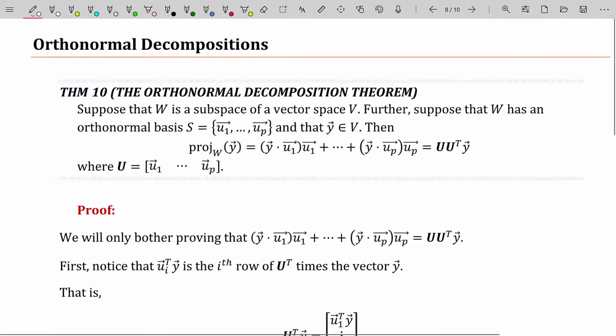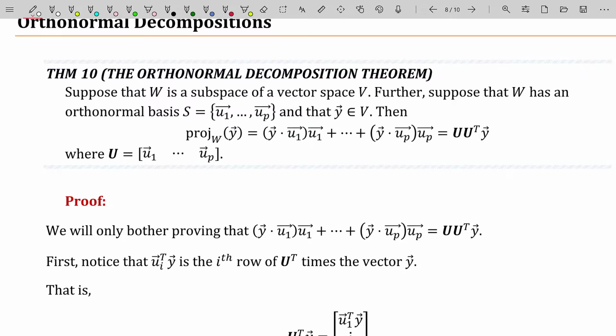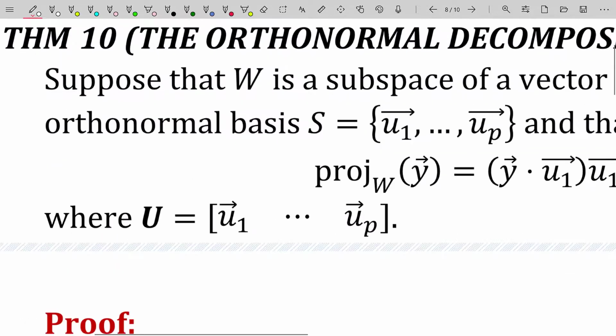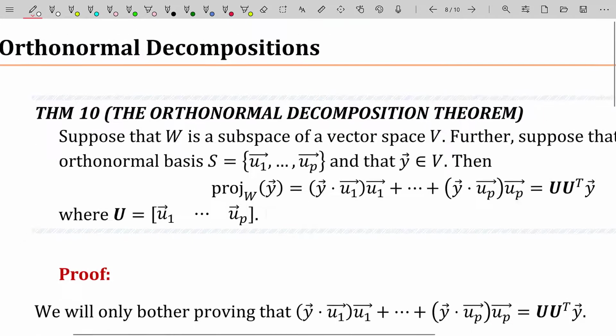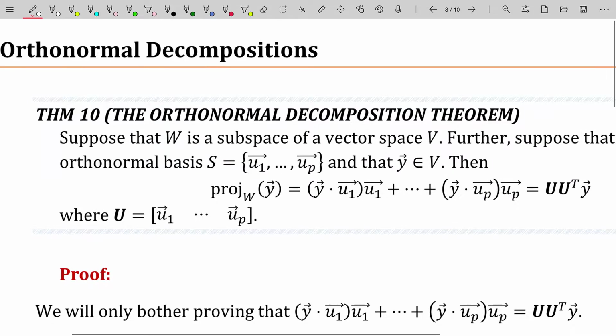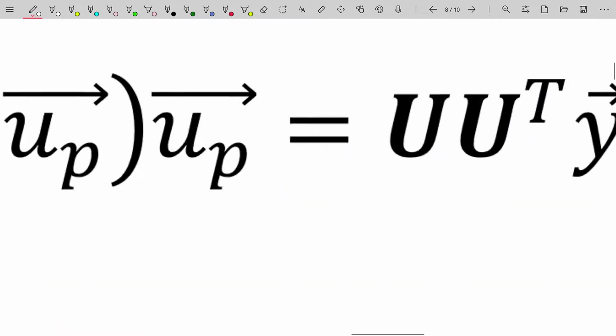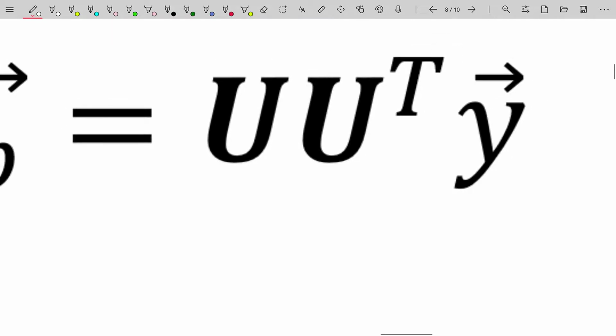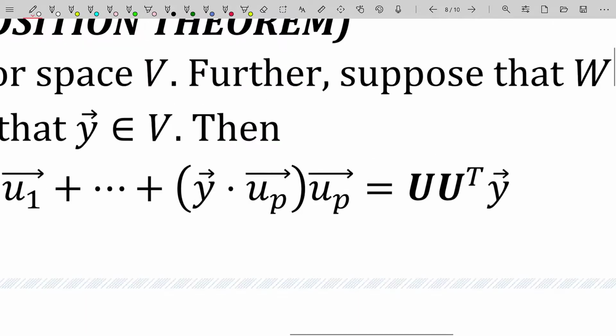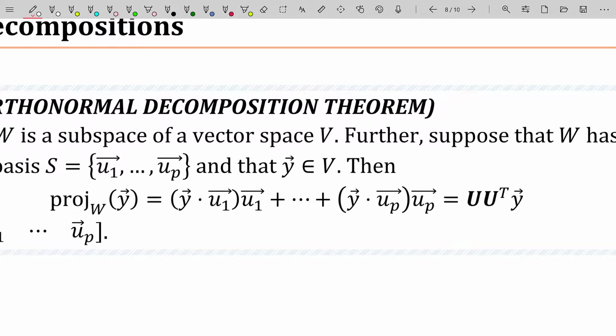And that's important. Take a look at what I call Theorem 10, or actually the author of this textbook calls Theorem 10. It's the orthonormal decomposition theorem. If you have an orthonormal basis, in other words, if the columns of our matrix are orthonormal and you have a vector y in your space, then your matrix formed of those orthonormal columns times the transpose of itself times that vector y is equal to the projection of that vector y on the subspace generated by those orthonormal basis vectors.